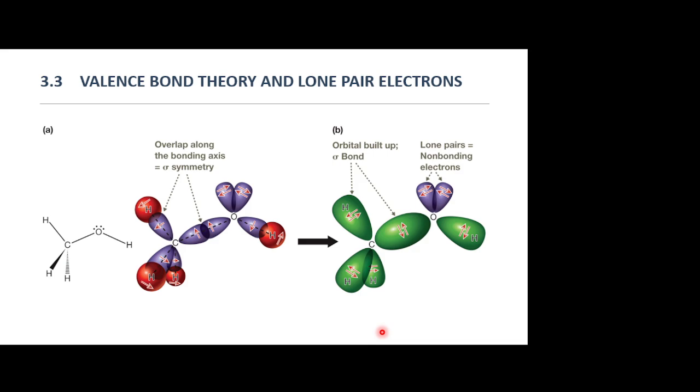Okay. So this, again, is going to be your sigma direct overlaps. In this case, what we have is sp3 orbitals overlapping with hydrogen here. Notice the oxygen ends up as sp3 hybridized as well, because it's, again, an electron geometry that is tetrahedral.